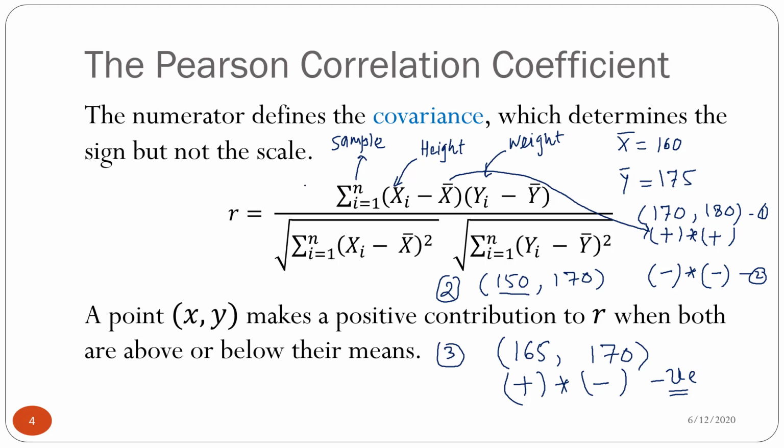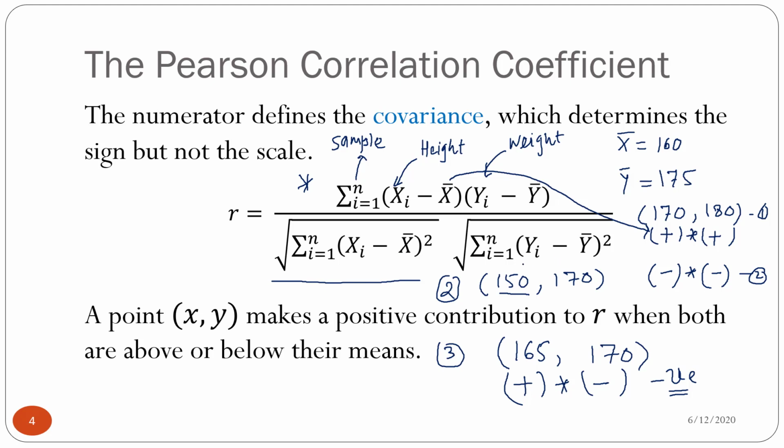Okay, so I'll say that the numerator is more important because it determines the sign, whereas the denominator that you have here is the variance of x and the variance of y, right? So if you look at what we are doing here, we are finding the spread of each x, which we are calling height in this case, from its mean.